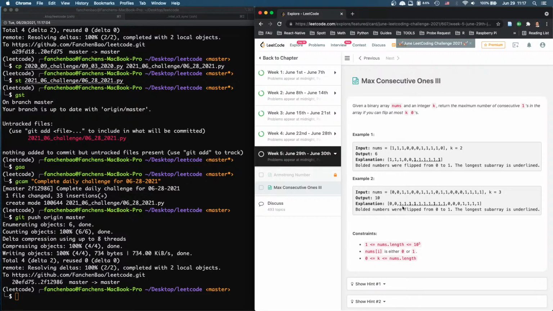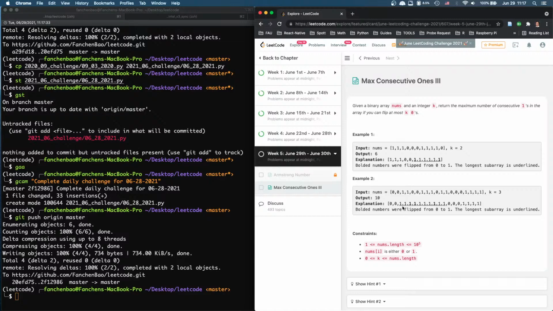If we flip it, then ending here, what is the maximum number of consecutive ones? So if I don't flip it, it's going to be... so I think we can make a table, let me think if this is correct.